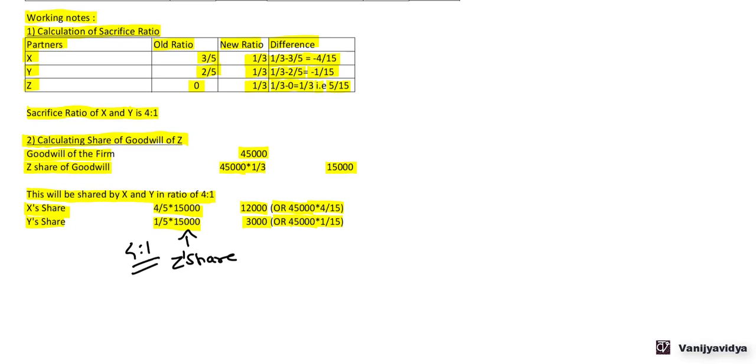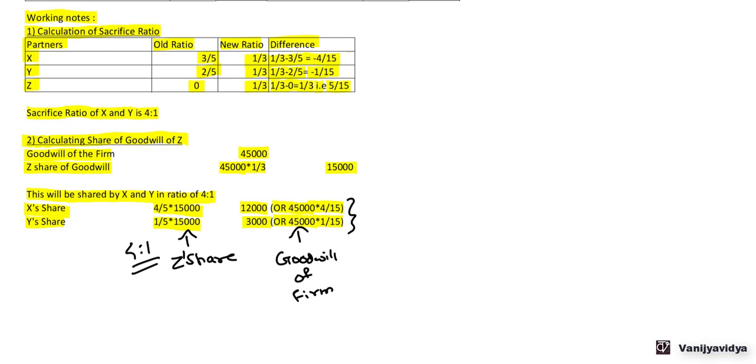That is their sacrifice ratio that we have calculated. If we are considering the goodwill of the firm, then we will consider this ratio, that is 4 by 15 and 1 by 15, including the denominator, because here we are considering goodwill of the firm. So we can follow either of the methods, we will get the same result, that is X share of the goodwill is 12,000 and Y share is 3,000.